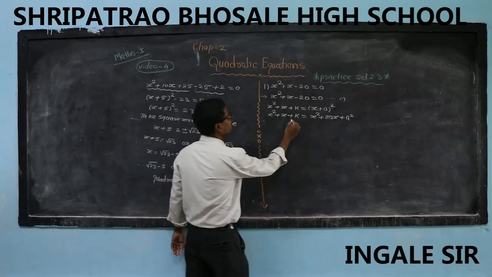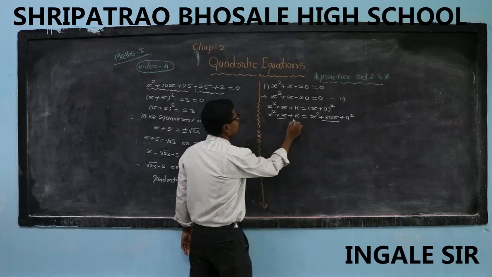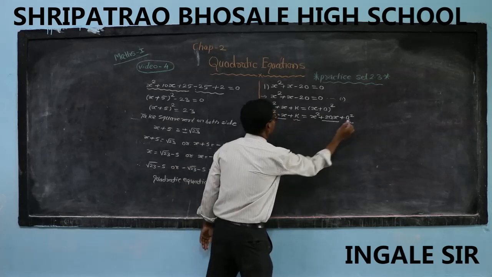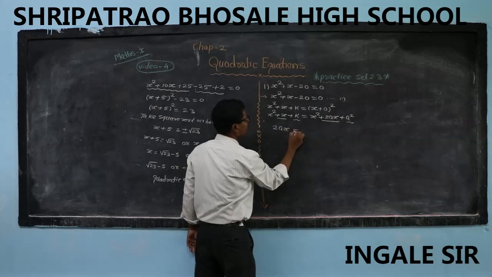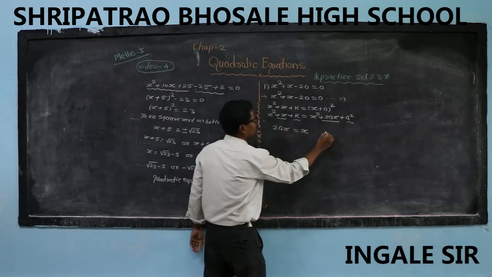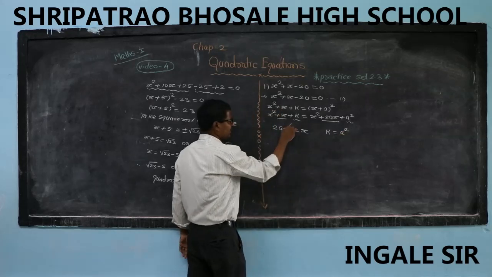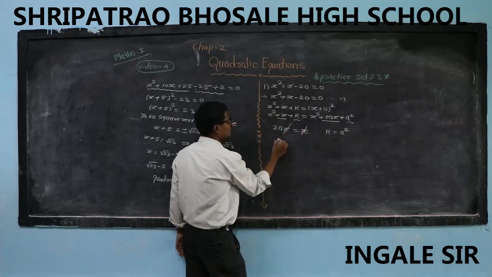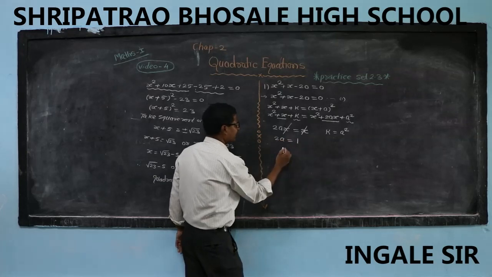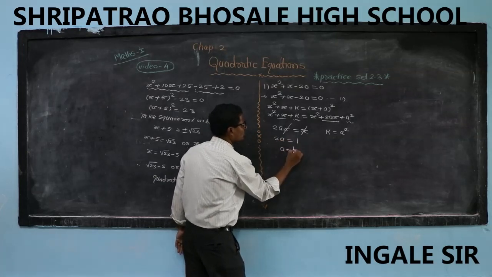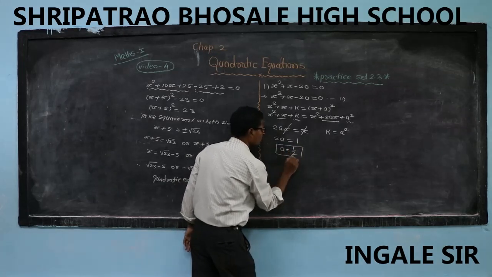Then compare x and ax: k is equal to a square, and 2ax is equal to x. X eliminated, so 2a is equal to 1. Take to the right hand side, a is equal to 1 by 2. Here the value of a is 1 by 2.